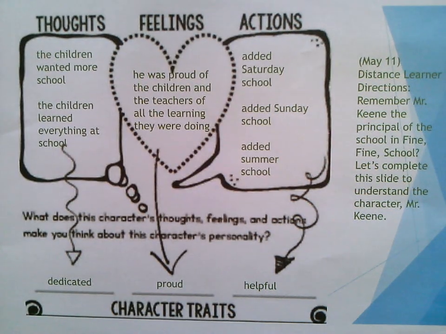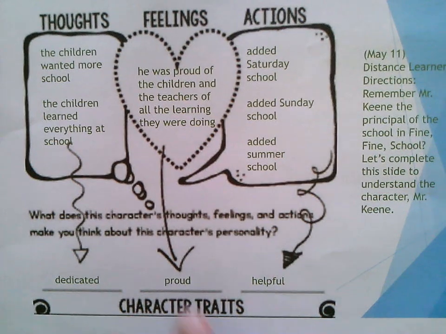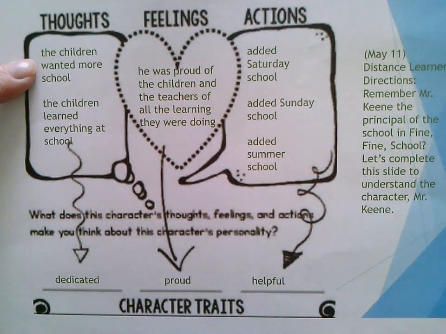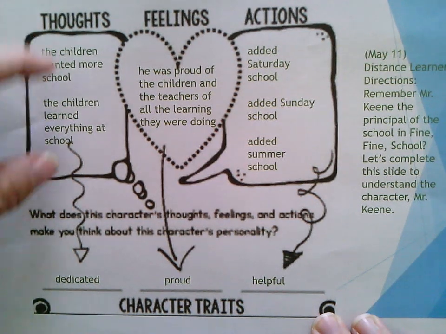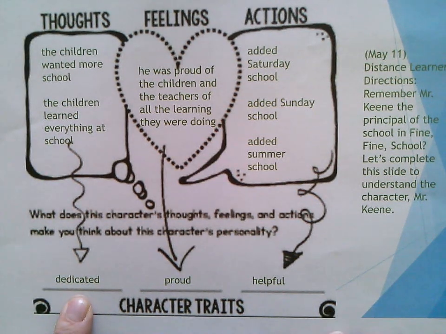Principal Keene thought the children wanted more school. He thought they wanted to go to school on Saturdays and weekends and all of that. That's how he thought, and that could tell us that he is a dedicated man.